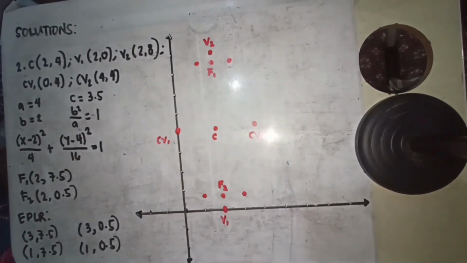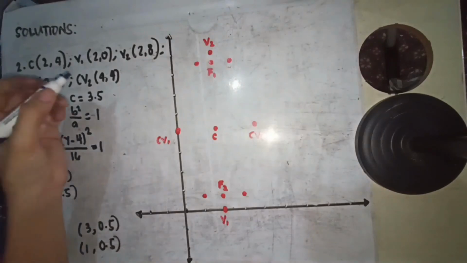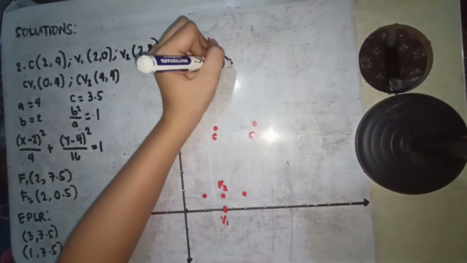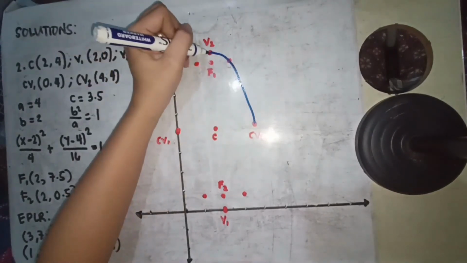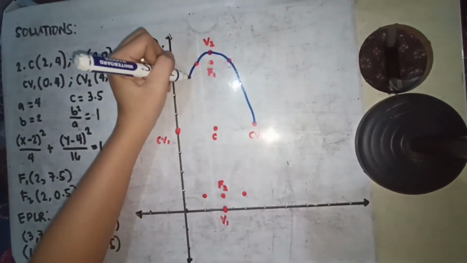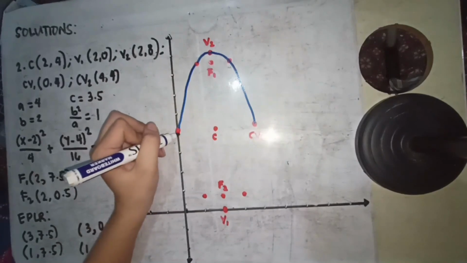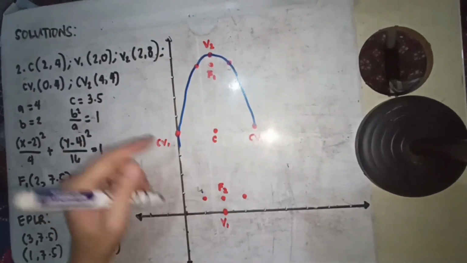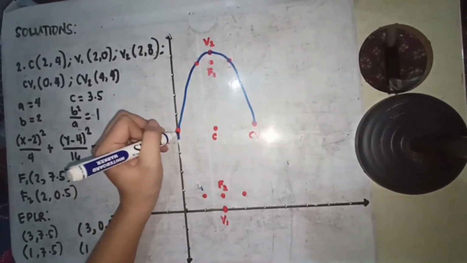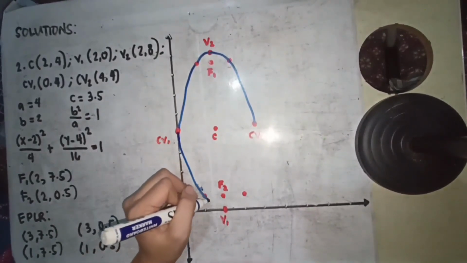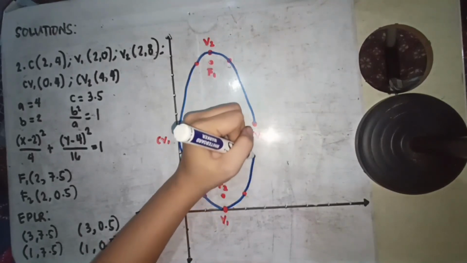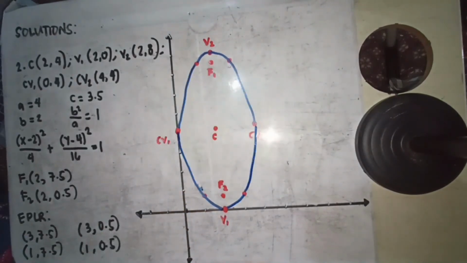Pwede na nato sila i-connect para ma-form na nato ang ellipse. So from the vertex, diri, pababa, likod, pababa, then, diri. Assuming na lang guys nga perfect ni siya pag graph kay murag lisod jud siya i-graph nga perfect gud. Okay, kana and then kadto.